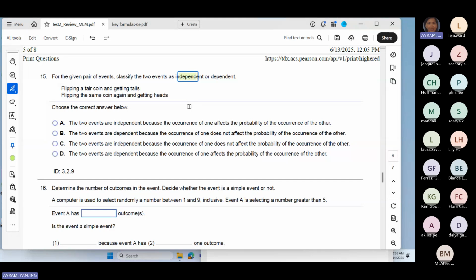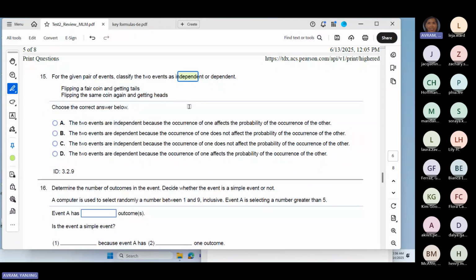So the way you think about dependent or independent is something like this. If I flip this coin the first time and I get a tail, and I flip the second time and I get a tail again because the first time I got a tail, if that relationship exists, that means it's dependent, right?